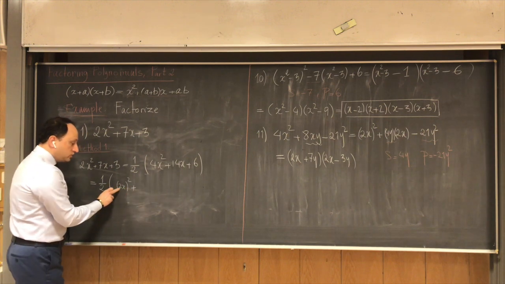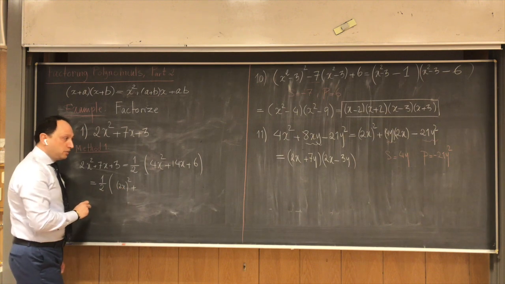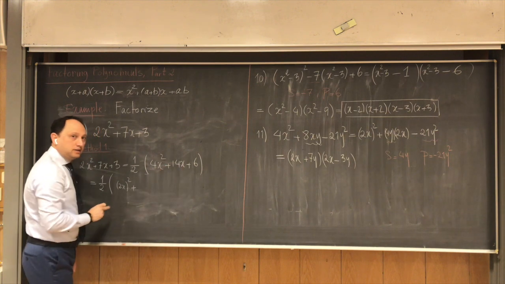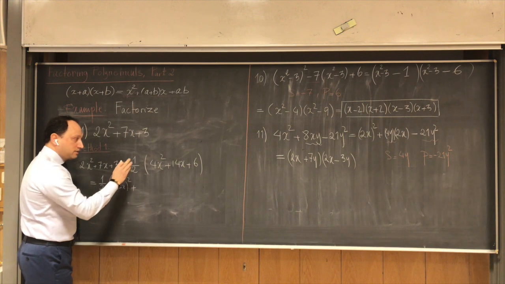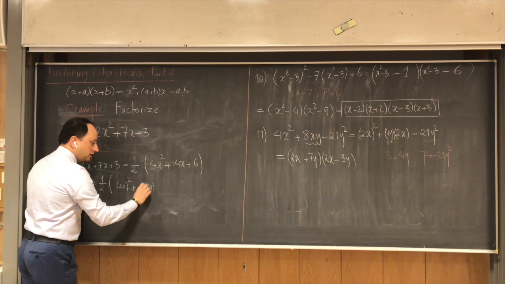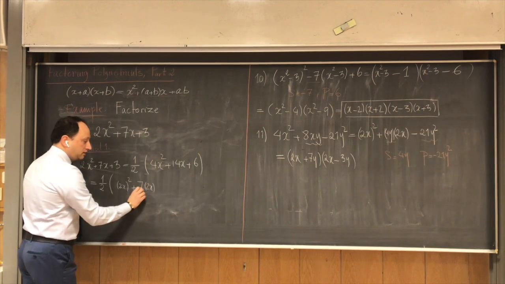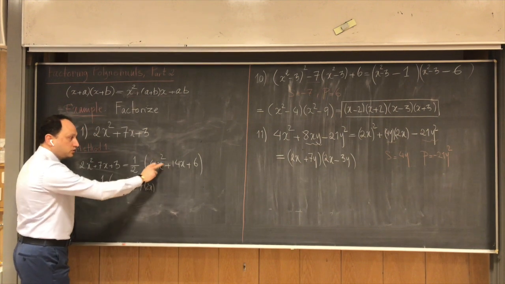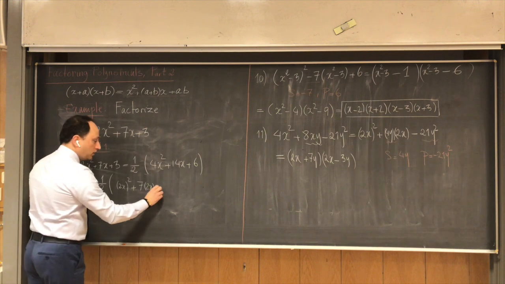But because 2x is going to play the role of the common term, it should be manifest here. You should write it in a way that is completely obvious. So instead of 14x, I write 2x, but to go back to 14, I need a factor of 7. 7 times 2x is exactly 14, and then I will have 6 there.